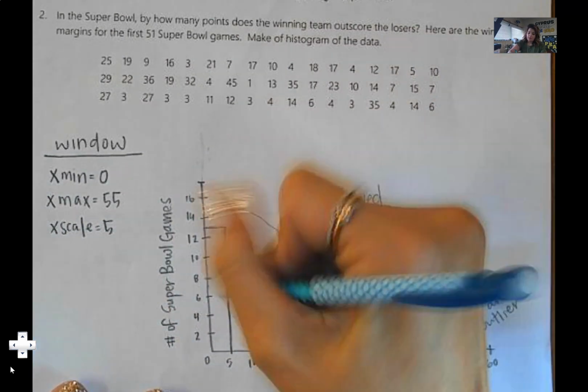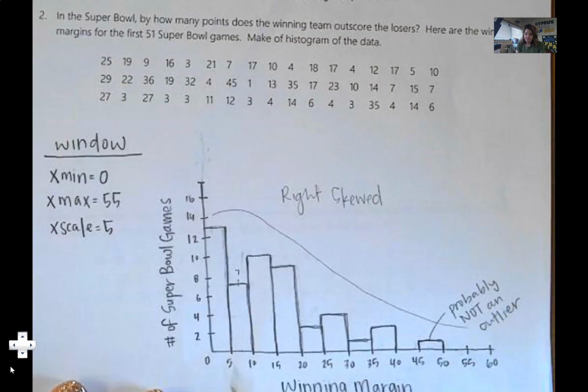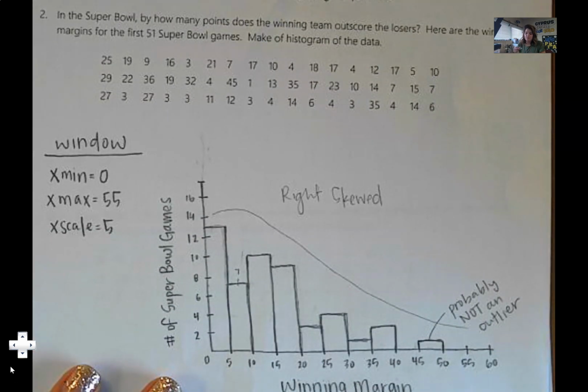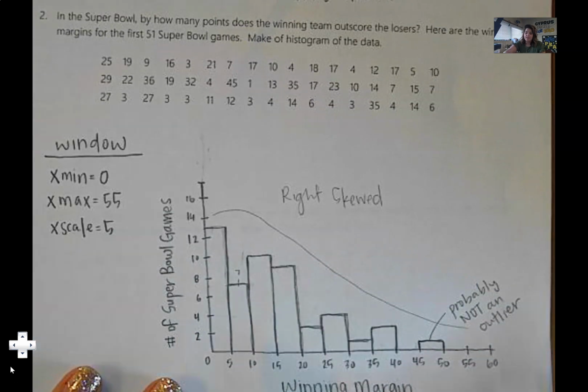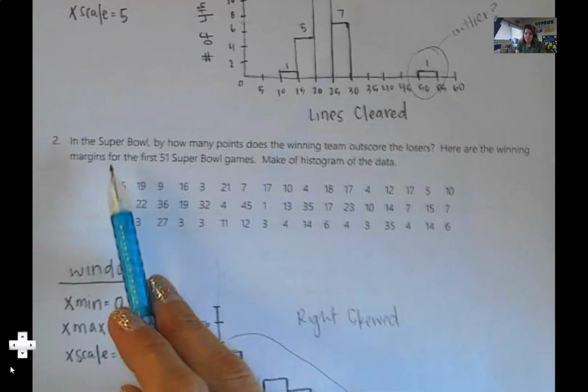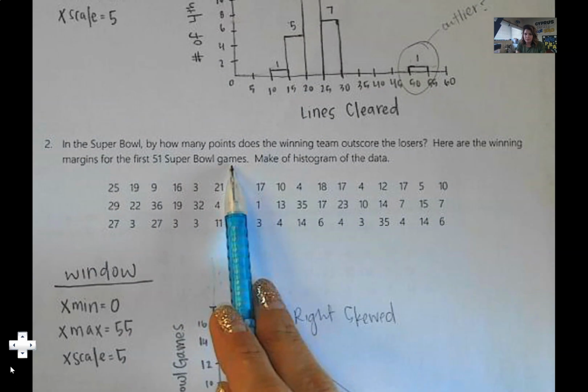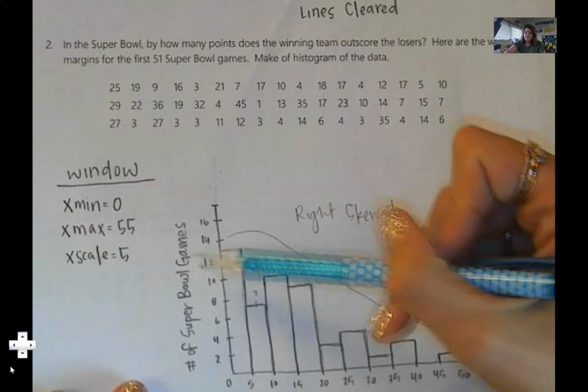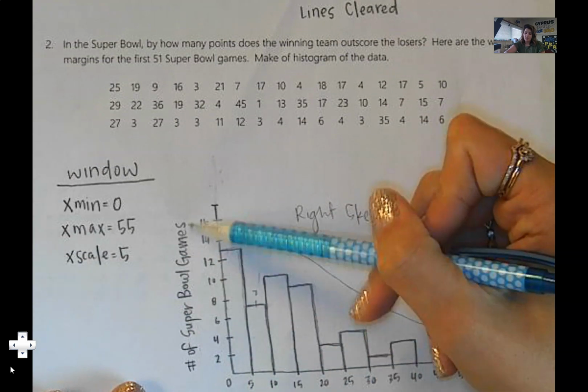I thought like maybe this meant that 7 teams won by a margin of 5 to 9, which is true. That does mean that 7 teams won by a margin of 5 to 9. But what the problem is framing it as is the games. They're not saying for 51 Super Bowl teams. They're saying for 51 Super Bowl games. So that's how I knew to put that here.